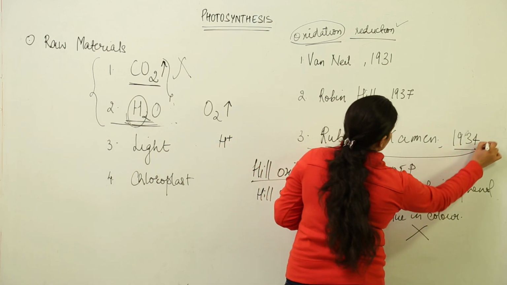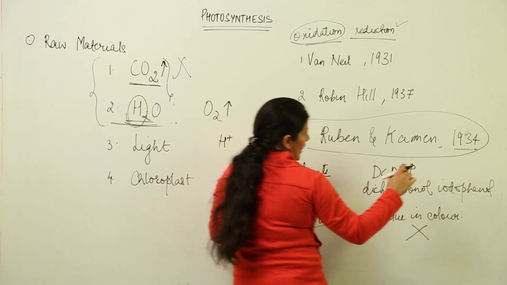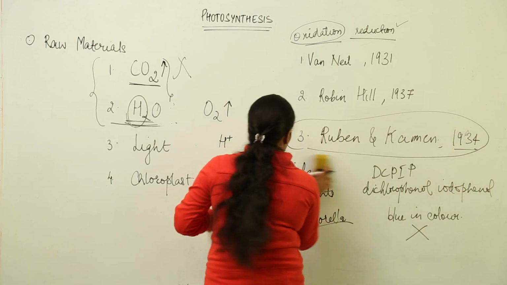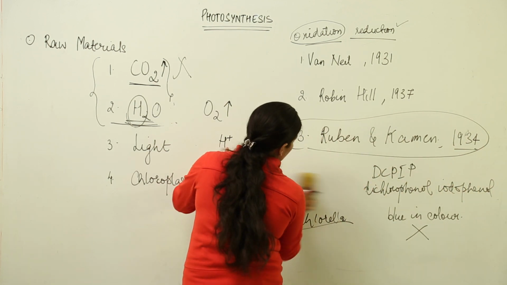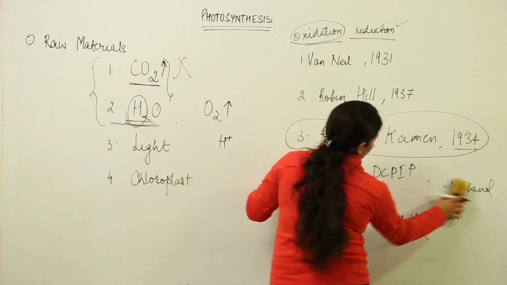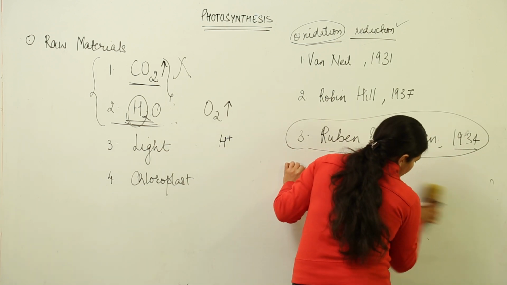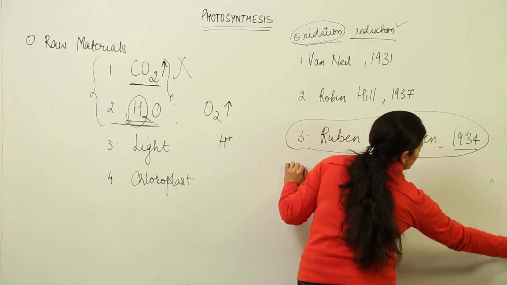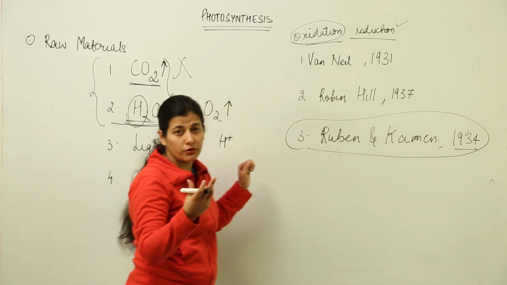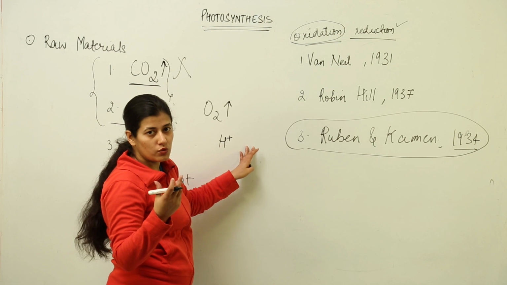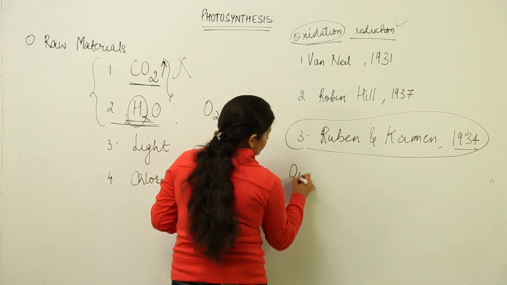Lastly, it was these two who had given the principle that the reduction of carbon dioxide takes place by emission of oxygen from the water molecule that gets broken down. They used O18.